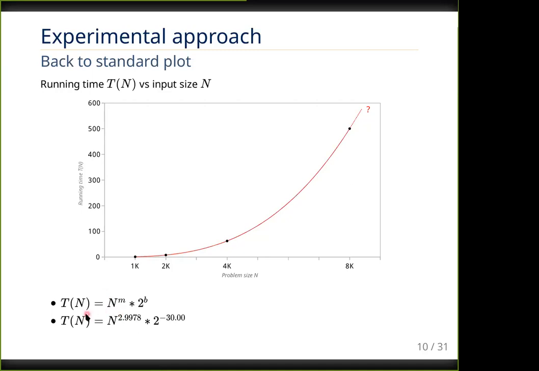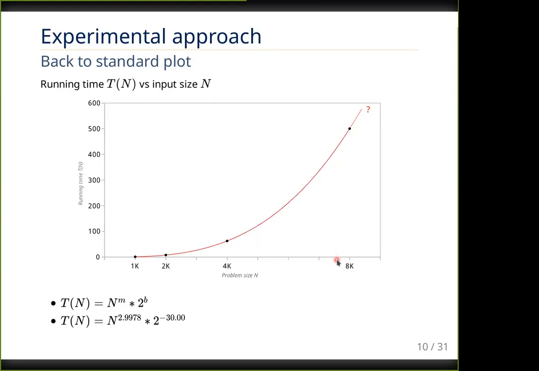Now we know exactly what equation is behind this curve. And so technically, now we can run this equation to predict values for which we didn't experiment.